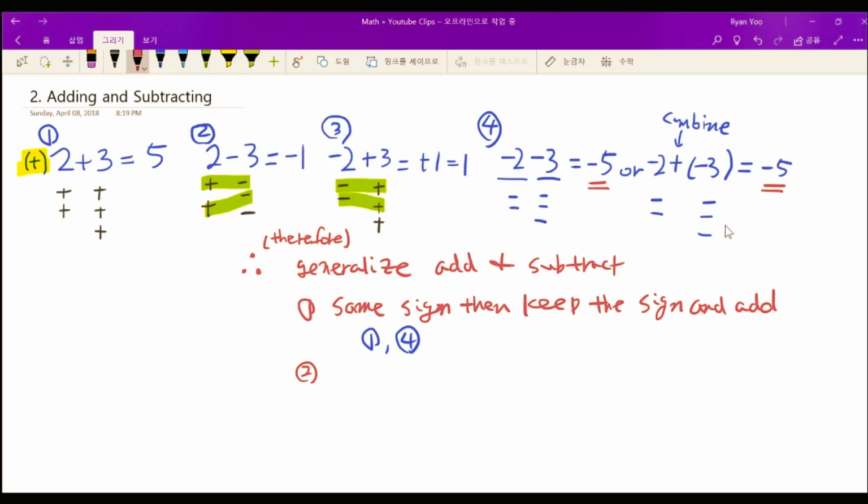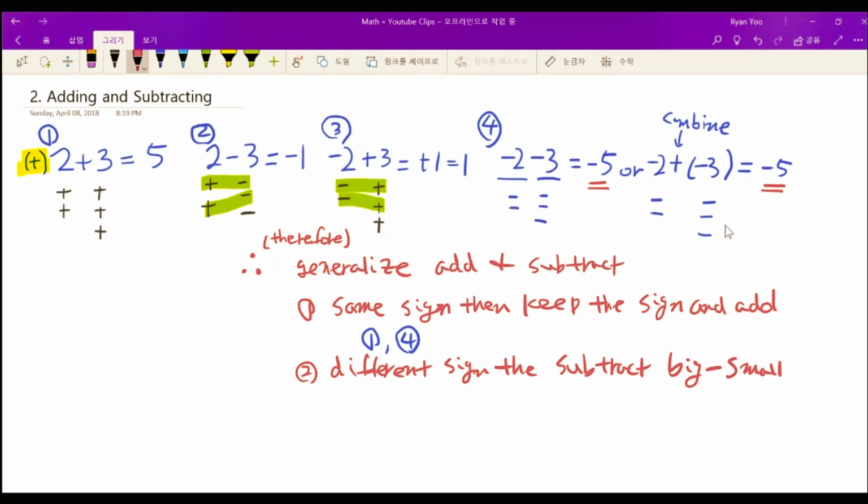Number 2. Different sign, D-I-F-F-E-R-E-N-T, different sign. Then subtract big minus small number.